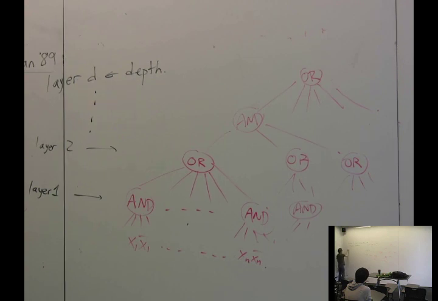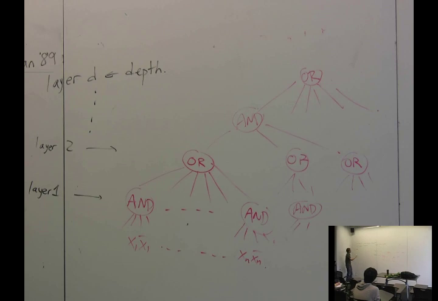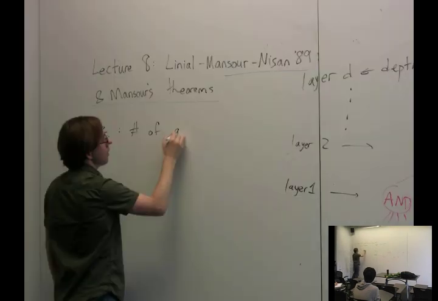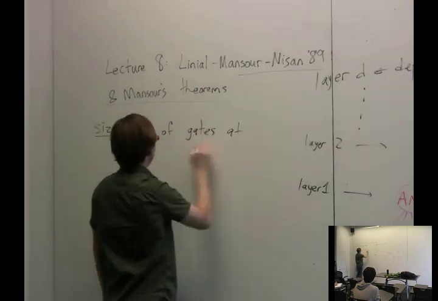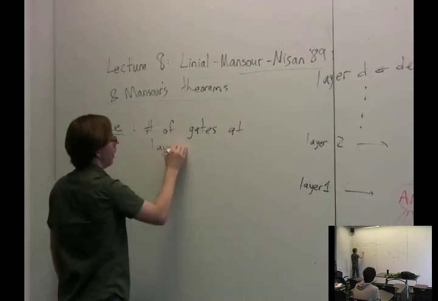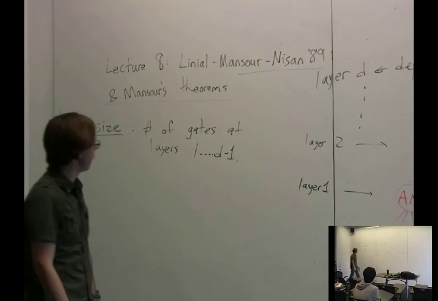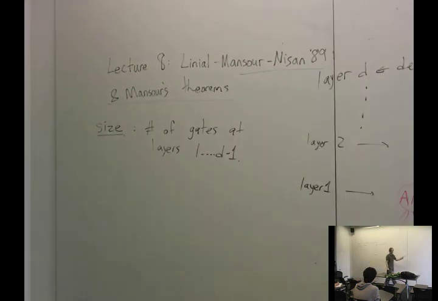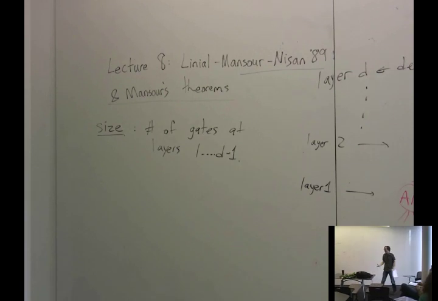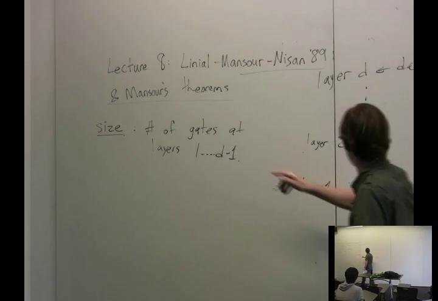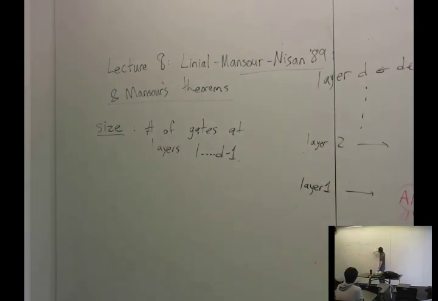So the size of a general depth D circuit is equal to the number of gates, as they're called in circuit complexity, at layers 1 up to D minus 1. OK, so we don't count the one gate that's at the very top. It's not a big deal. You can count it or not count it. We don't care about addition of 1. But this is just for consistency with the definition of size for DNFs, where we just counted the number of ANDs.